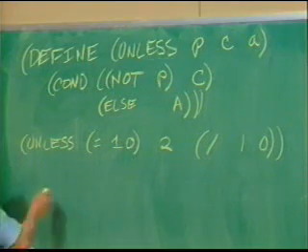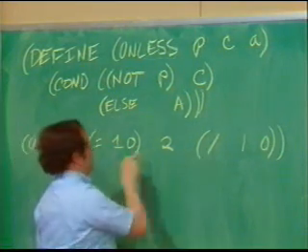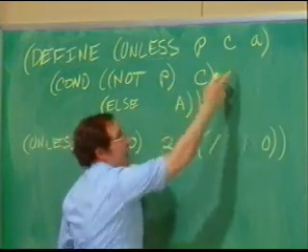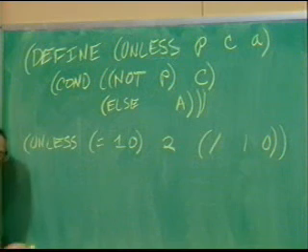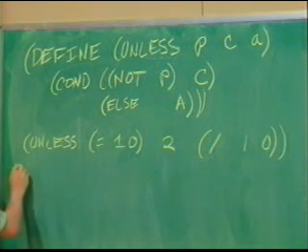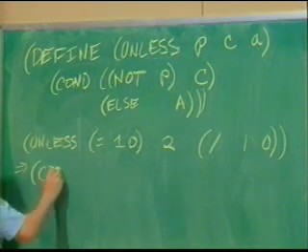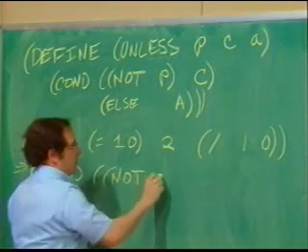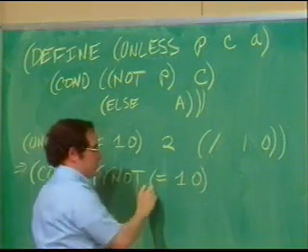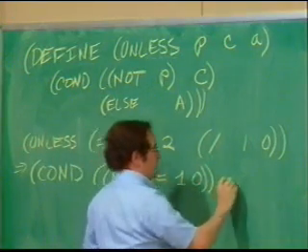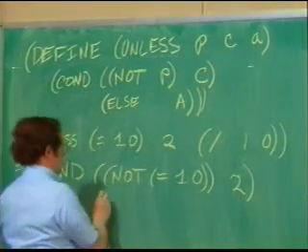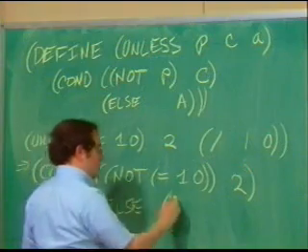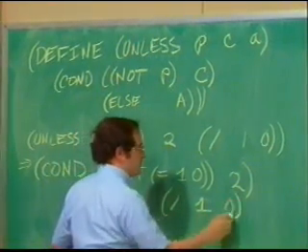What I'd like that to mean is the result of substituting equal 1, 0 and 2 and the quotient of 1, 0 for P, C, and A. I'd like that to transform into, or mean, cond not equal 1, 0, then the result is 2. Otherwise, I want it to be the quotient of 1 and 0.